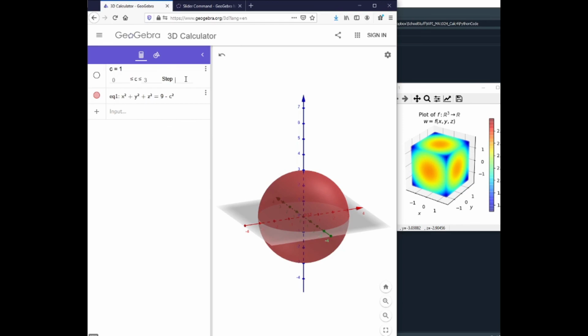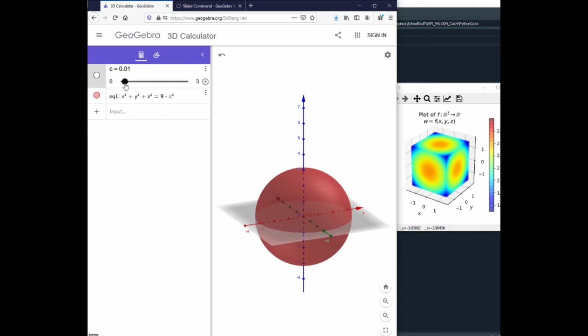So we know that the range goes from 0 to 3, and we'll choose a relatively small step size, so we have a smooth transition, and we can show what various values of c give us for what's called the level surface corresponding to that value of c. And sure enough, for low values of c, like c equals 0, the lowest possible value in our range, we have a sphere of radius 3.